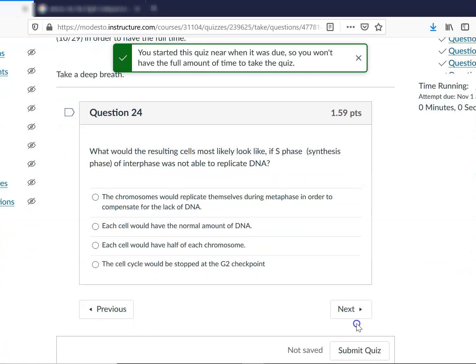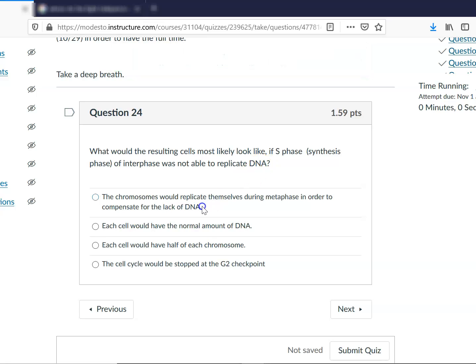What would the resulting cells most likely look like if S phase, synthesis phase, and interphase was not able to replicate DNA? The chromosomes would replicate themselves during metaphase in order to compensate for the lack of DNA. Nah, that's a nonsense answer. That's not how it works. Each cell would have a normal amount of DNA. No, not if they weren't able to replicate the DNA. Each cell would have a half of each chromosome. That's not how it works either.